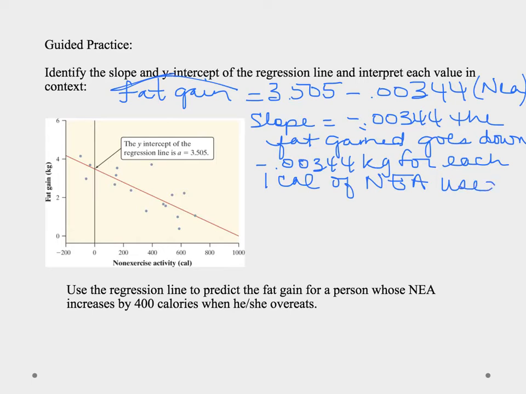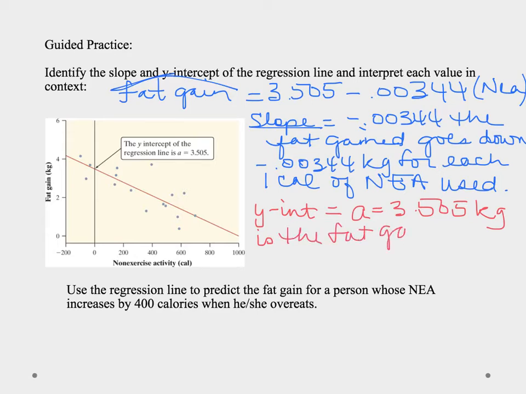That's the slope. And the y-intercept is A, which is 3.505 kilograms, and that is the fat gained when NEA does not change. Or basically when there's no NEA at all, no non-exercise activity.